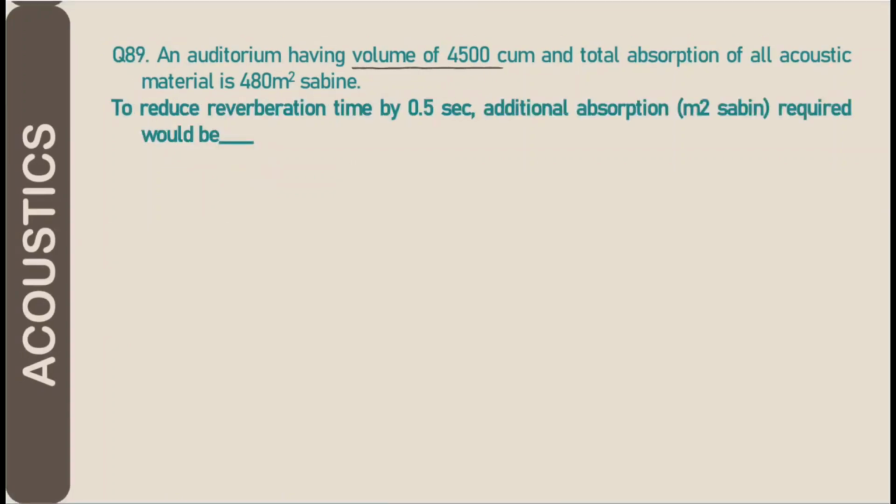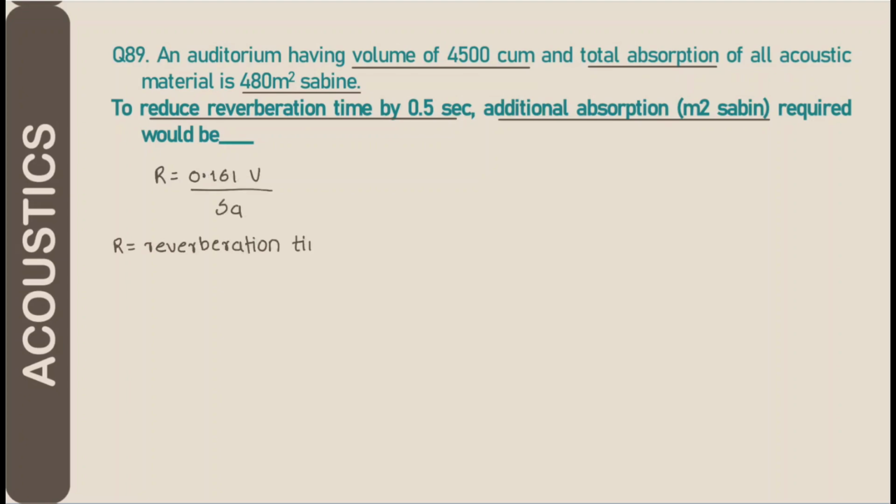An auditorium having a volume of 4500 meter cube and the total absorption of all acoustics material is 480 meter square sabine. To reduce the reverberation time by 0.5 seconds, additional absorption required would be. So we know that R is equal to 0.161 V divided by SA, where R is the reverberation time, V is the volume of room, and SA is the total absorption.